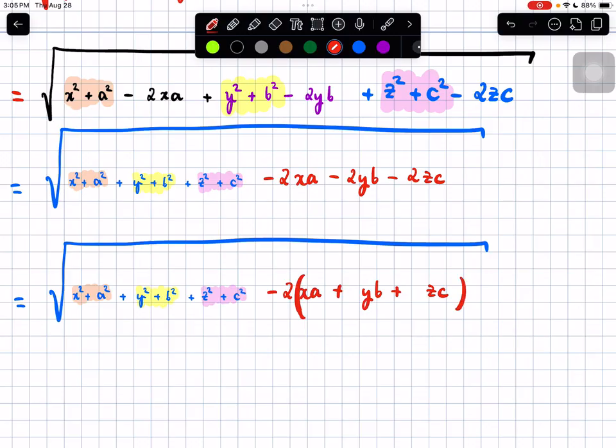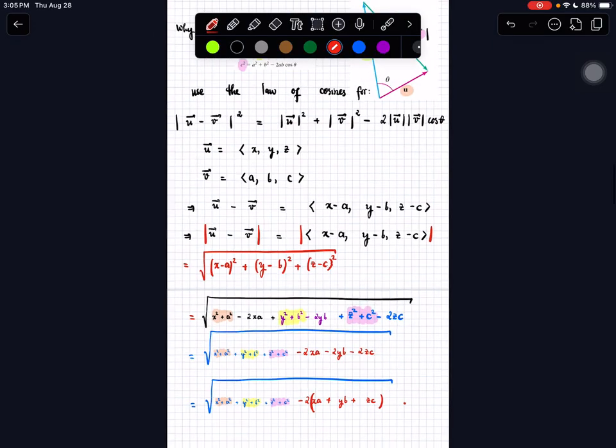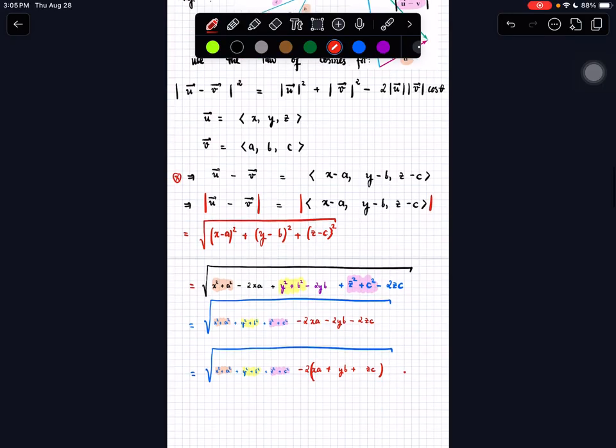For now let's leave it like that. So here is the value of the left hand side, and now you do the same thing for the right hand side of this equation.